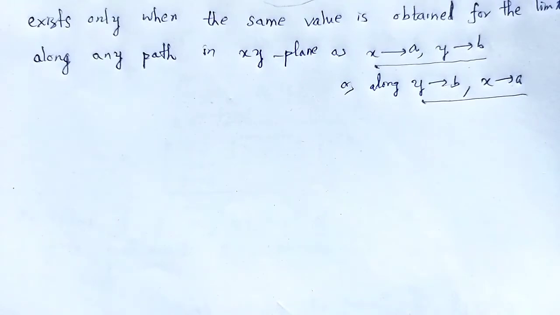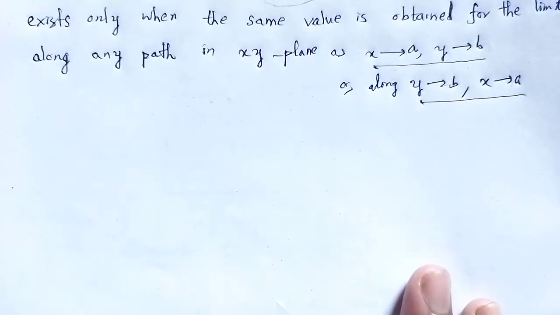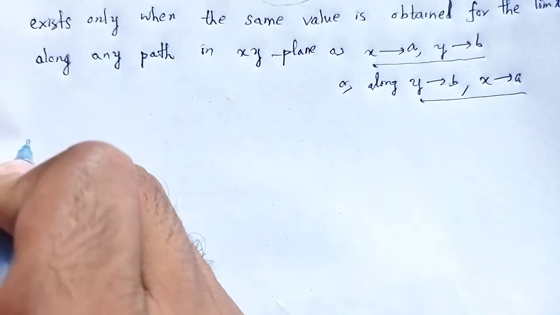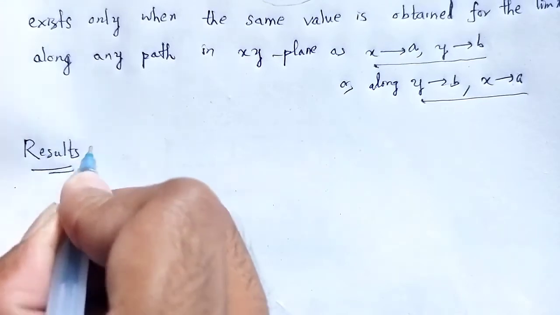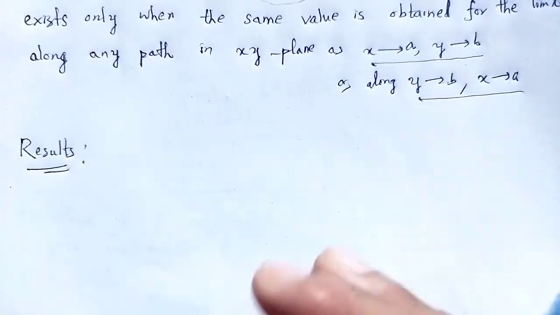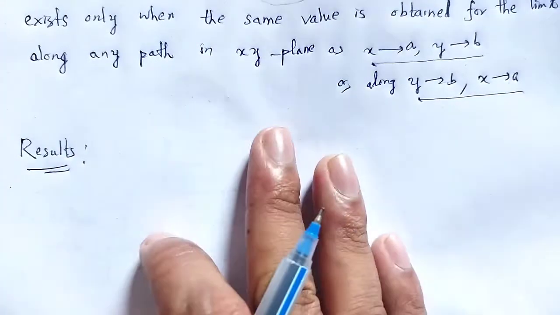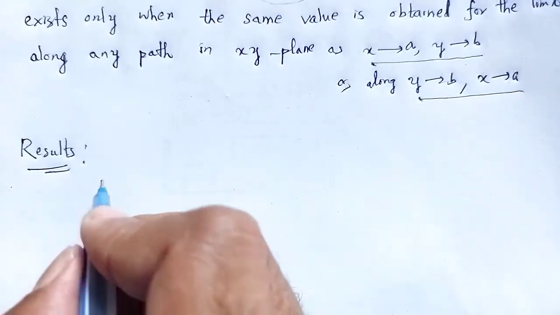So there are many results in terms of limit. We can now discuss some results in the limits of two variables, or we can call them some theorems or basic principles.